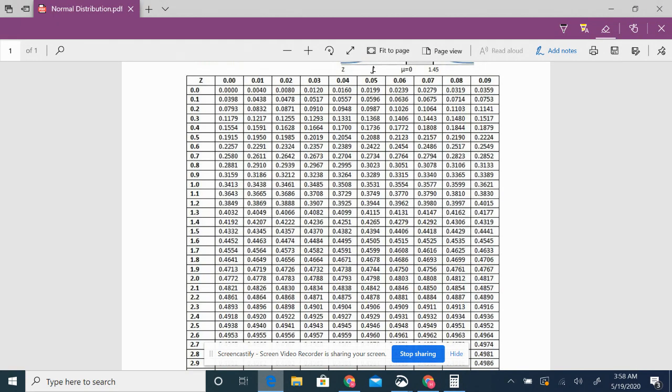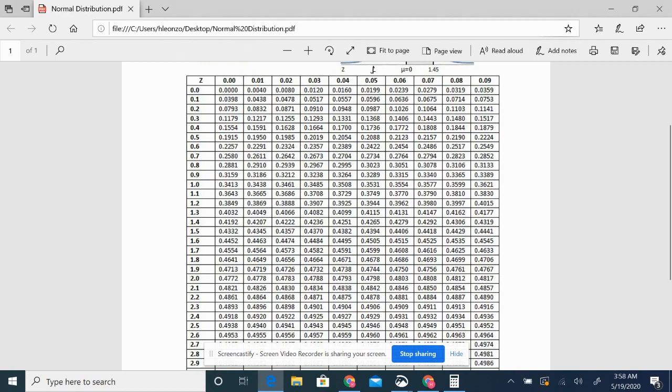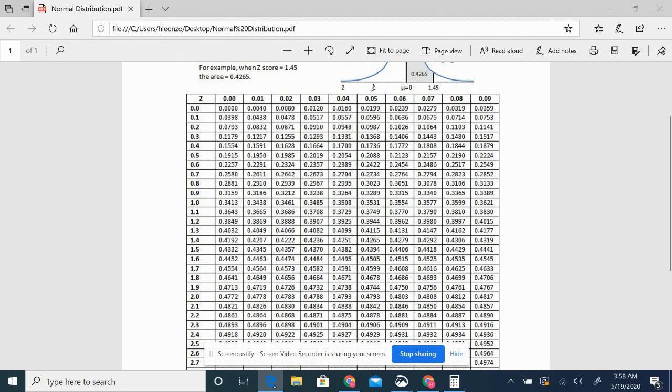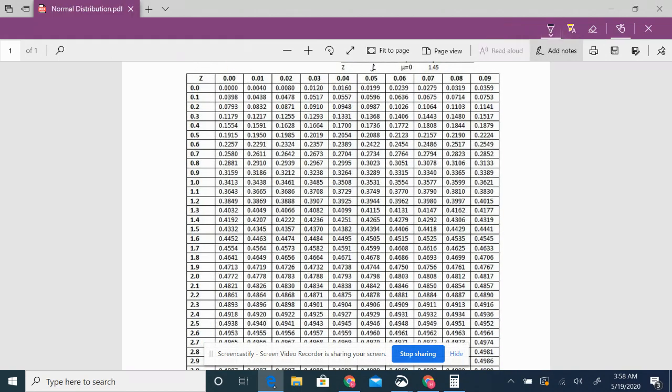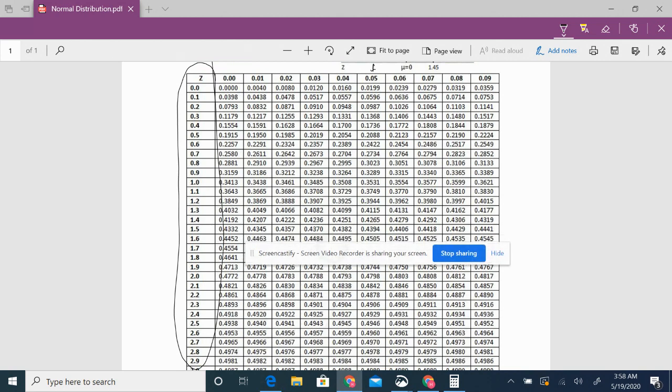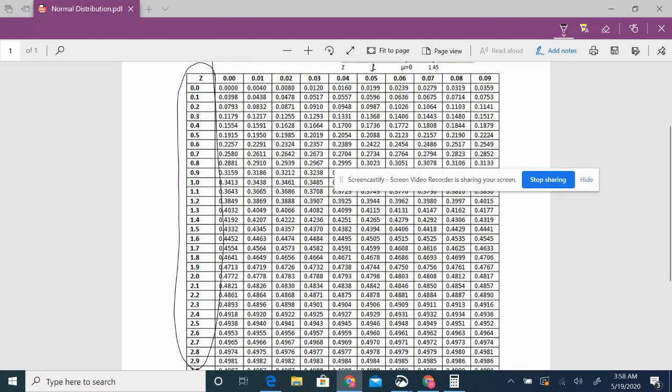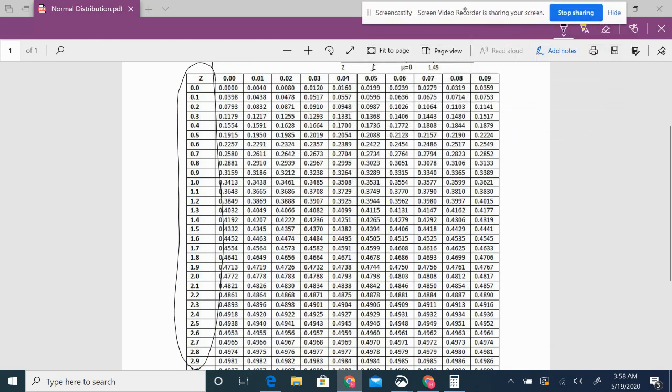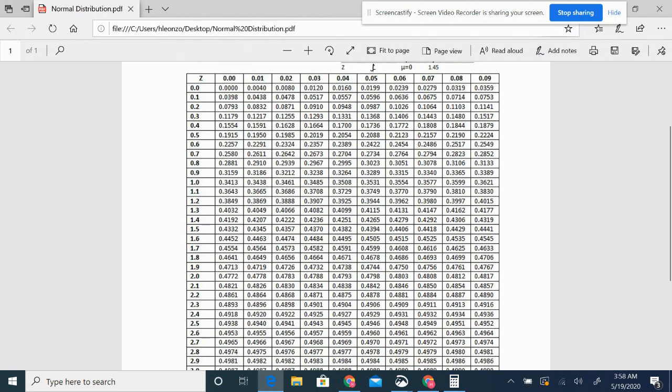My first case, my list on the left, that tells me up to my first decimal place. So 1.4 is here.